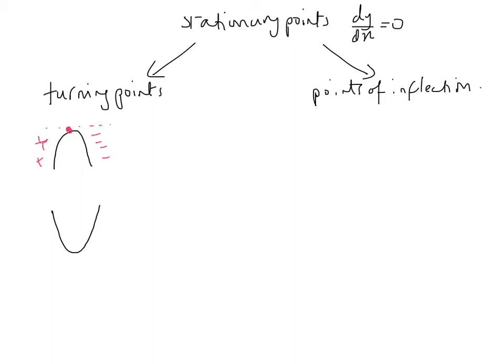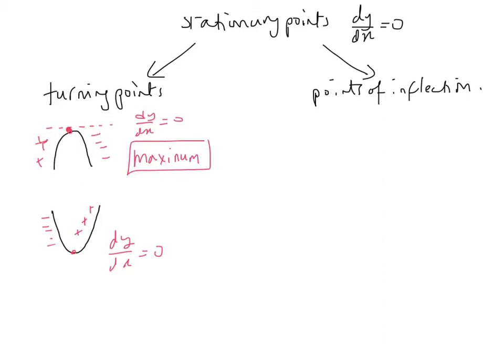So over here we know that dy over dx equals 0. Over here we've got a gradient which is positive, over here it's negative, and at this point again dy over dx equals 0. Now what's interesting is the gradient changes, it turns, it goes from positive to negative, negative to positive. Now when it does this, this is called a maximum. So that's a special word we need to keep in mind, and this is called a minimum.